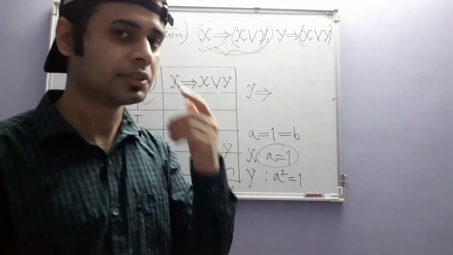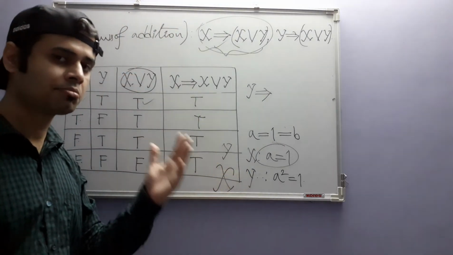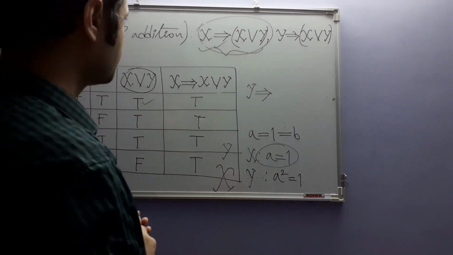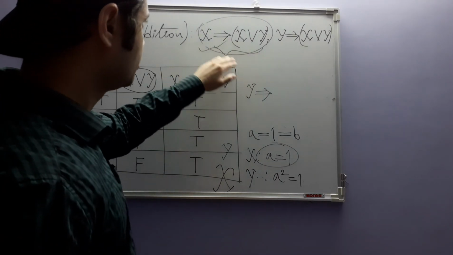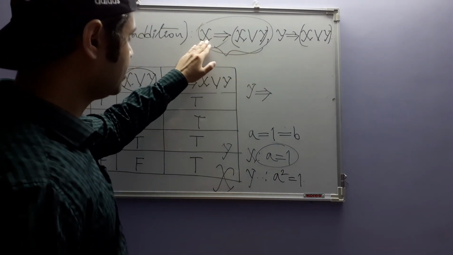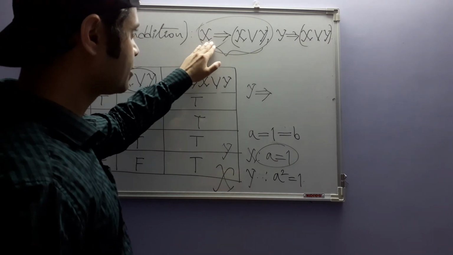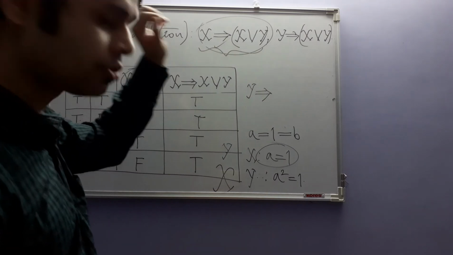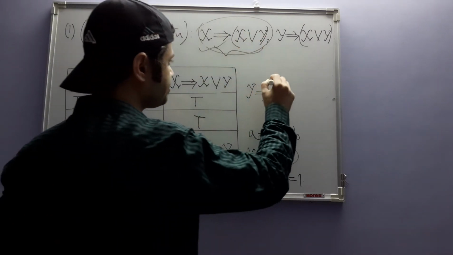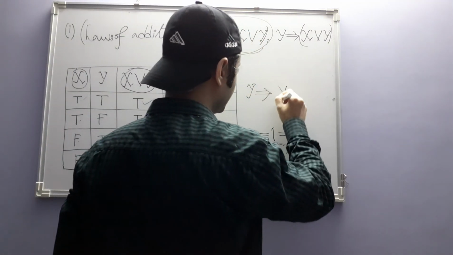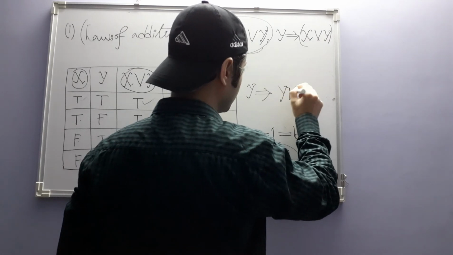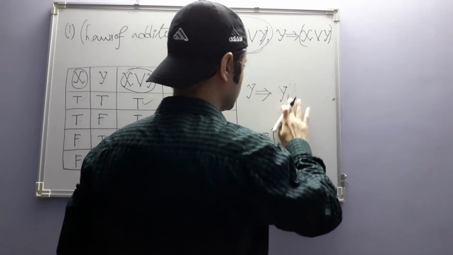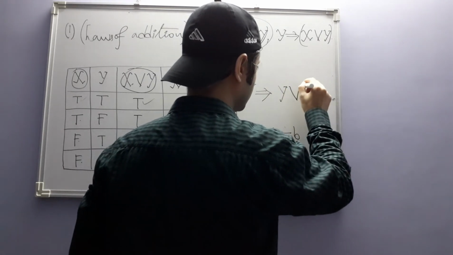Only the names have changed. They continue to be the same person that they were before the name change. So what I am saying here is that if I write y in place of x and x in place of y, nothing changes. The statement continues to be true. So y implies y or x.